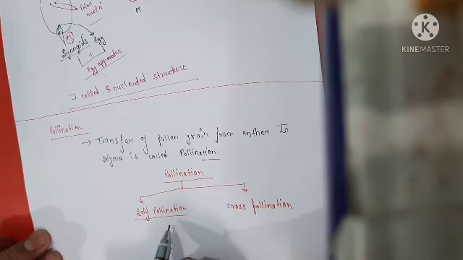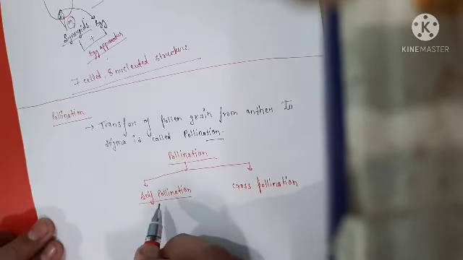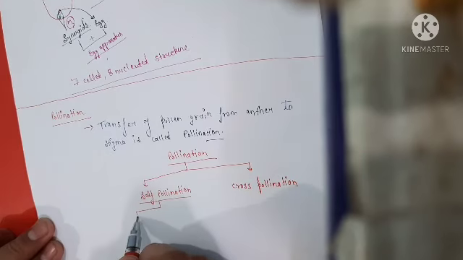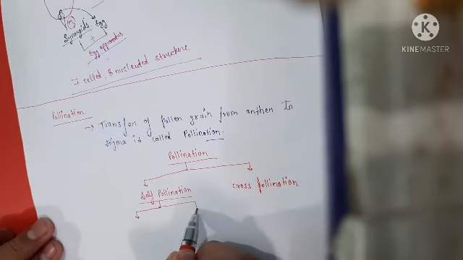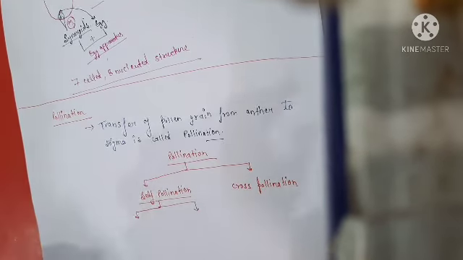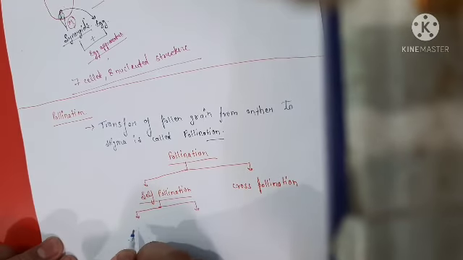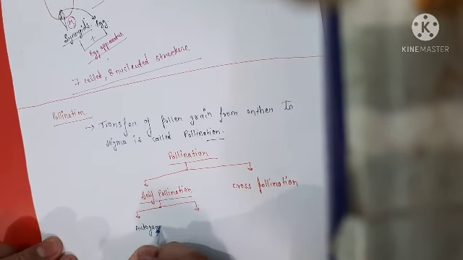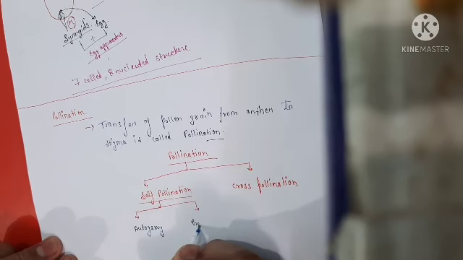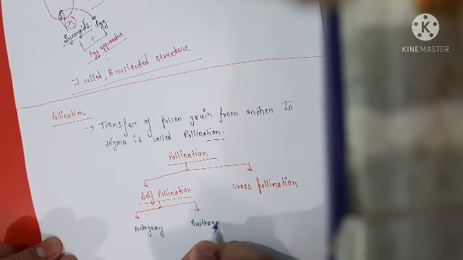So friends, self pollination is also of two types. It is autogamy and the second one is geitonogamy.